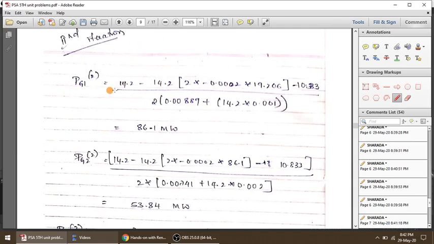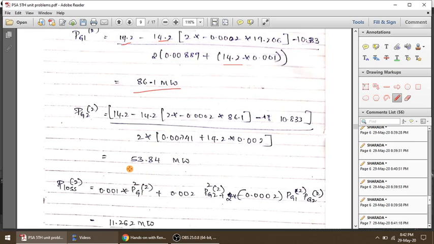Coming to the second iteration, again we will calculate pg1 and pg2. When I substitute, everything is the same, only the lambda value is updated. So when I substitute here, I get 86.1 megawatt. Similarly, for pg2 of 2, I get 53.84 megawatt.